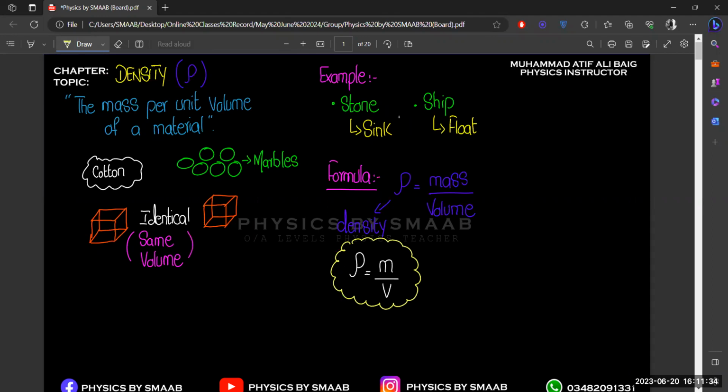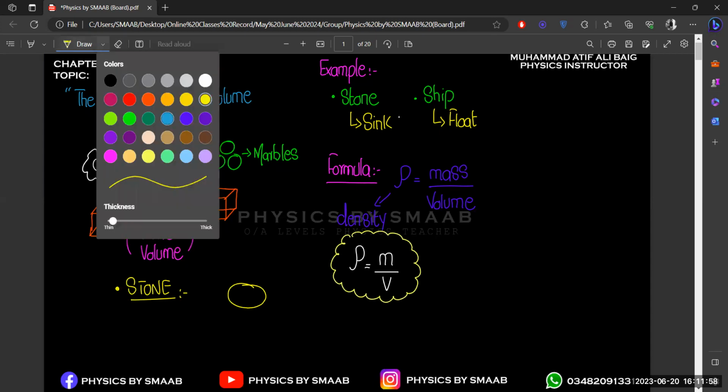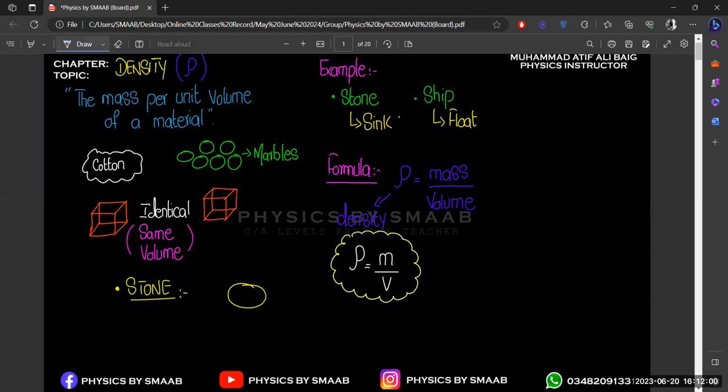Let's suppose we consider the stone. The first example is related to the stone. So if we consider a stone, let's suppose there is some shape for the stone over here, and it is completely filled with mass, right?